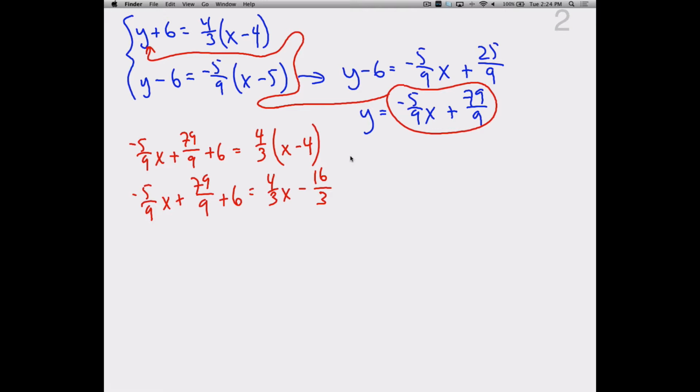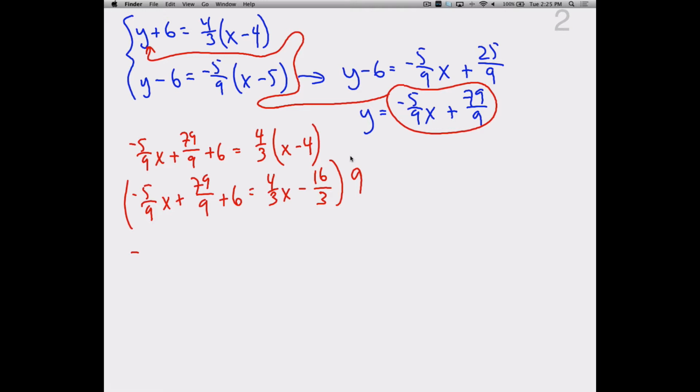9. Good. If you're going to have trouble multiplying the ones on the right by 9, then multiply everything by 3 first, then multiply everything by 9. Just multiply by all the denominators. If you want to do it in two separate steps, you can. However, we should be able to just multiply it by 9.